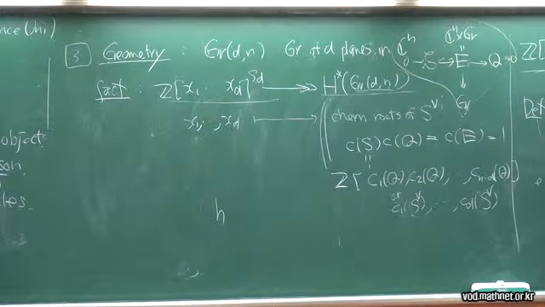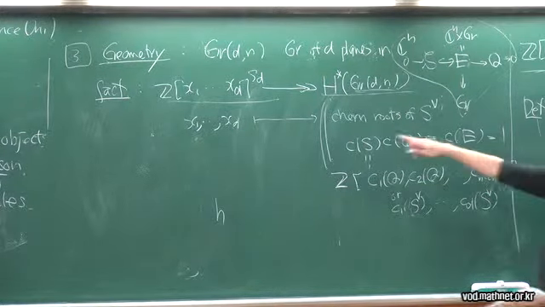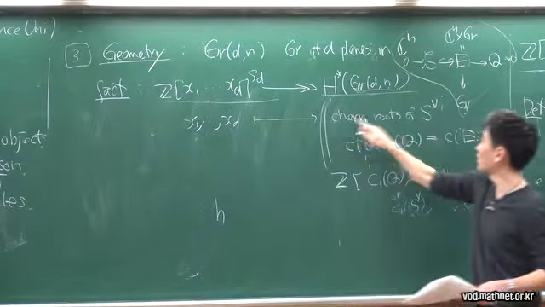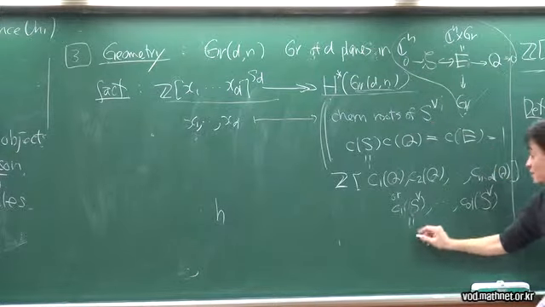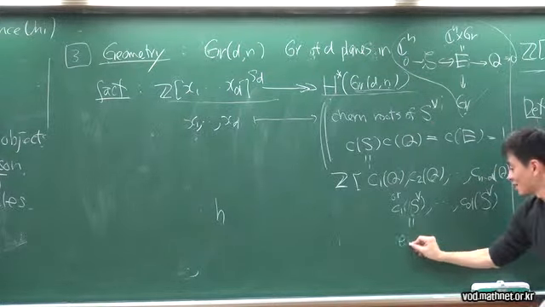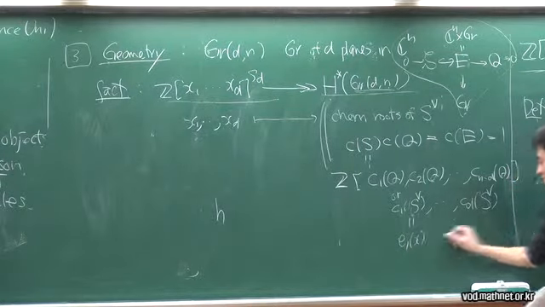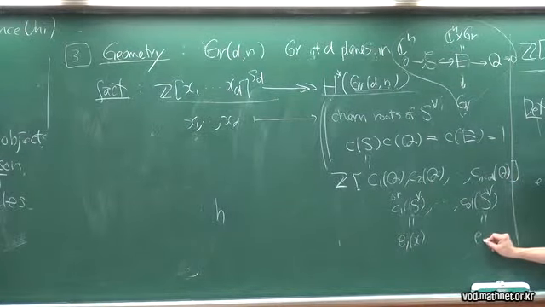Yeah, and then if you think of those x1 through xd as the Chern roots of the dual of the tautological vector bundle, this is really the elementary symmetric polynomial of x, and this is the elementary symmetric polynomial of x.